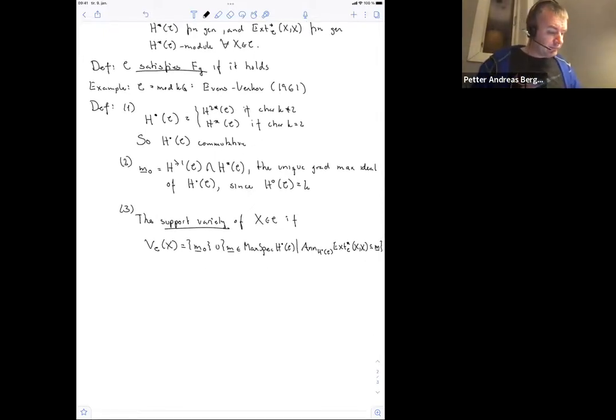And let me just comment that we could have worked in projective space and then just skipped the M0 here.